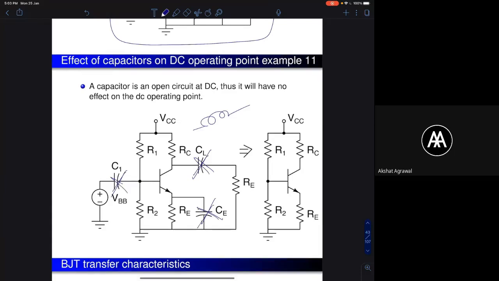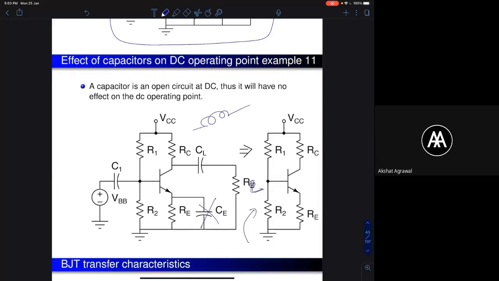Once you open circuit this capacitor, this resistor RL carries no current, so the DC voltage across it will be 0. That resistor won't come into the picture. So now, with the capacitors open circuited, you will be left with a circuit like this.